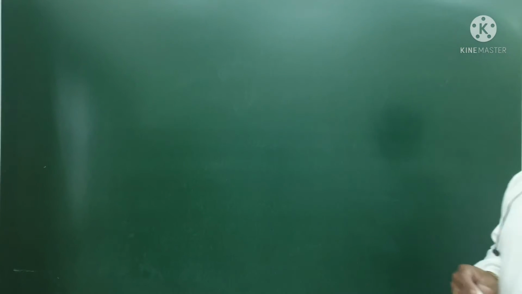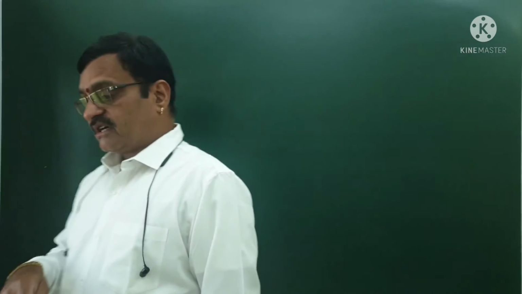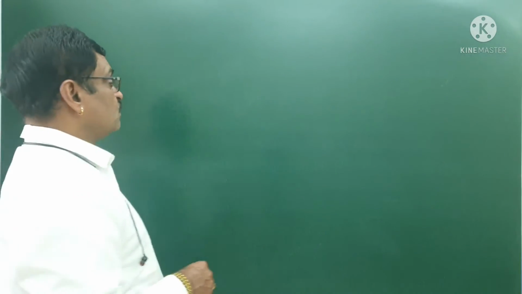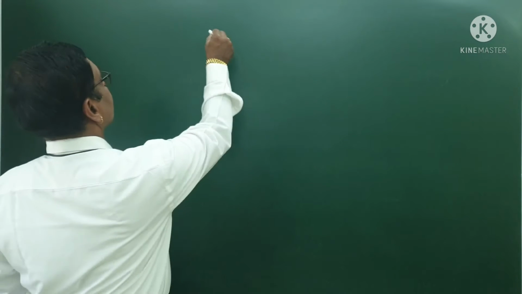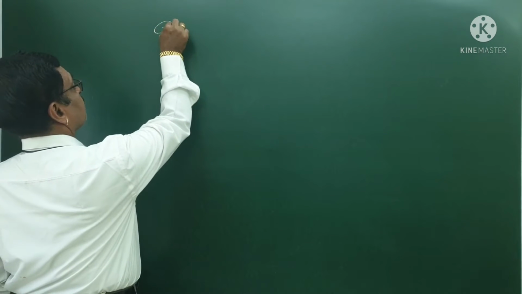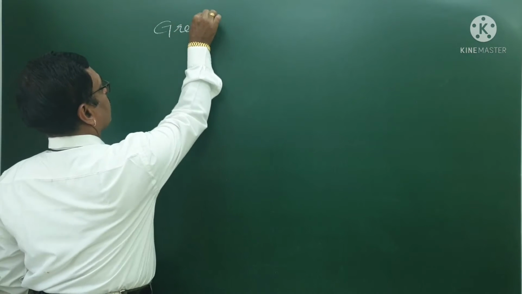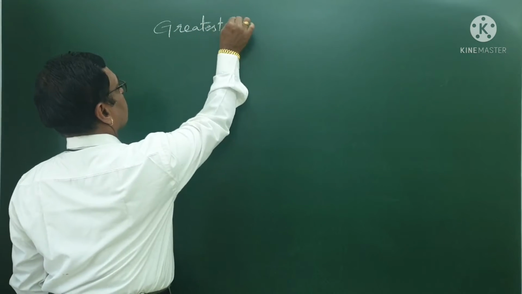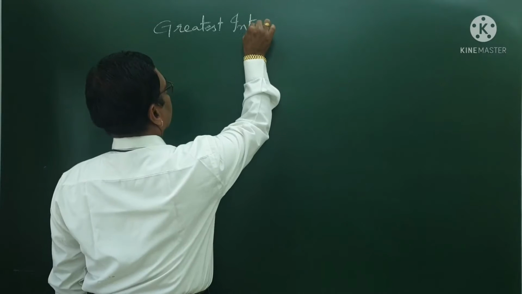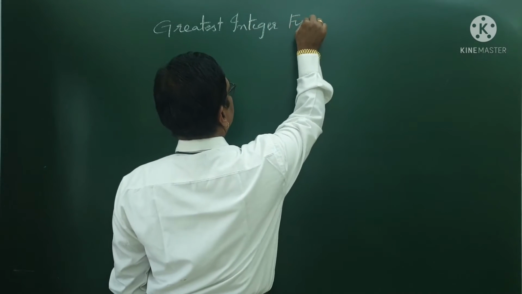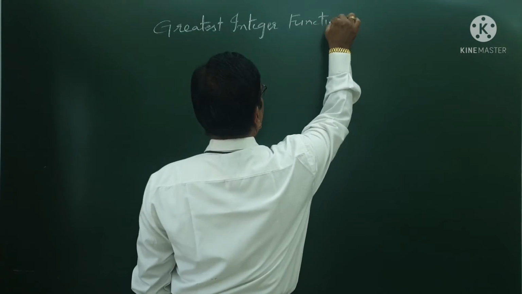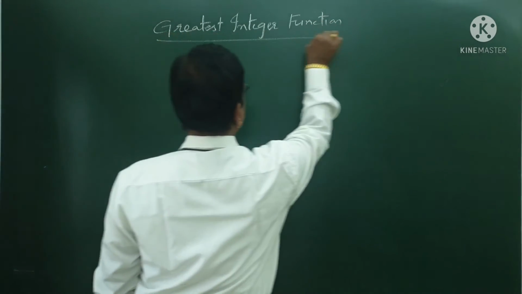Now here, under the same piecewise function context, we have two more functions. The first one is the greatest integer function. It is the third one.